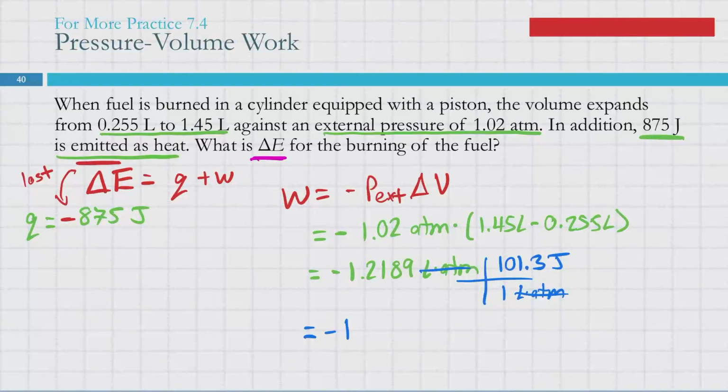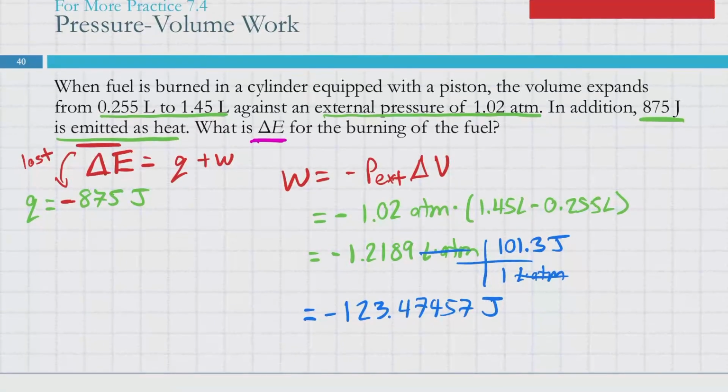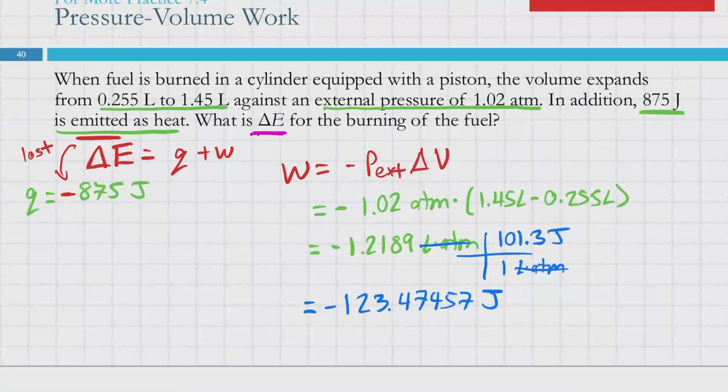So it's negative 123 with some other numbers, joules. So we've got our Q value, we've got our W value, and for our change in internal energy, our delta E, we just add those two values up.